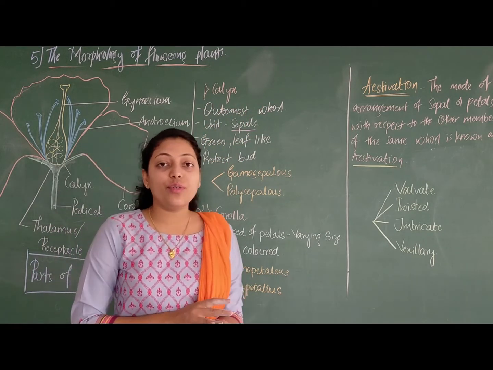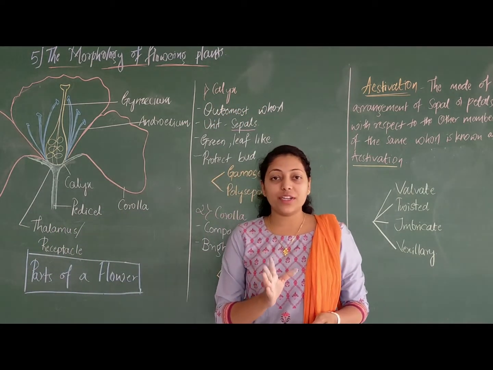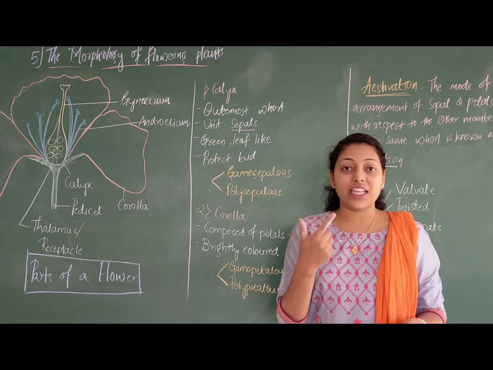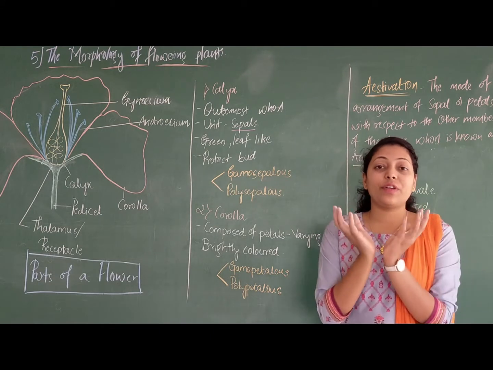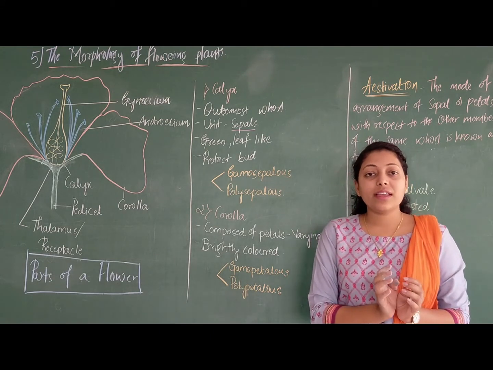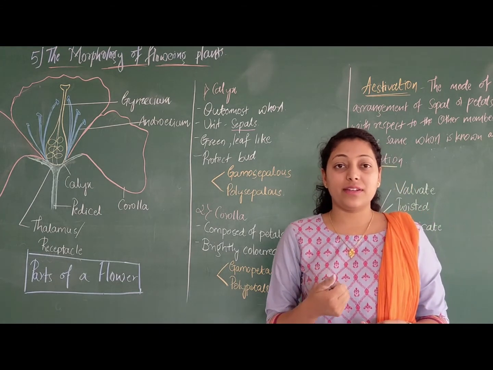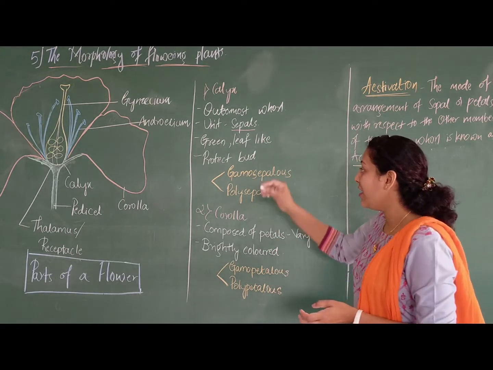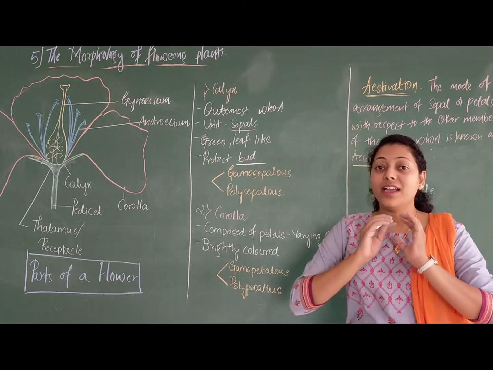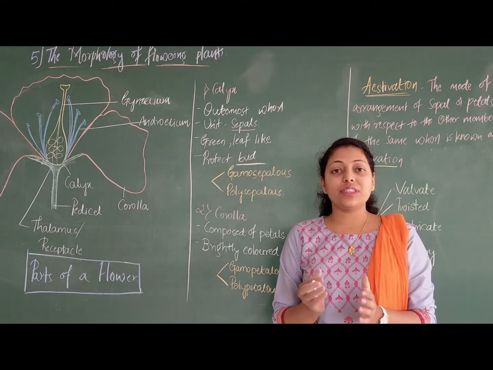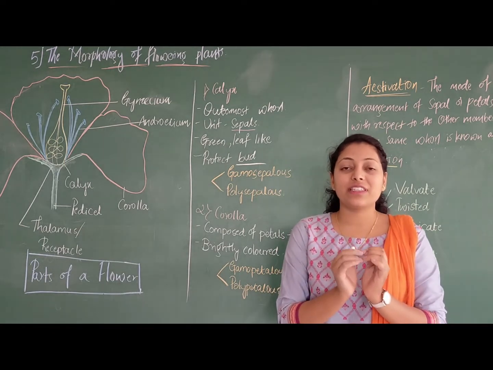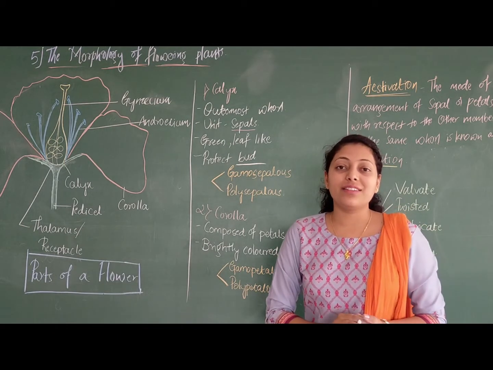Like I have told you, calyx is the outermost part found in a flower. It is green in color, a leaf-like structure, so it is situated outside. Calyx are born just to give protection to the flowers when they are in the bud stage. You know there are different stages in a flower: the bud stage, the half blooming stage, and the bloomed adult stage.